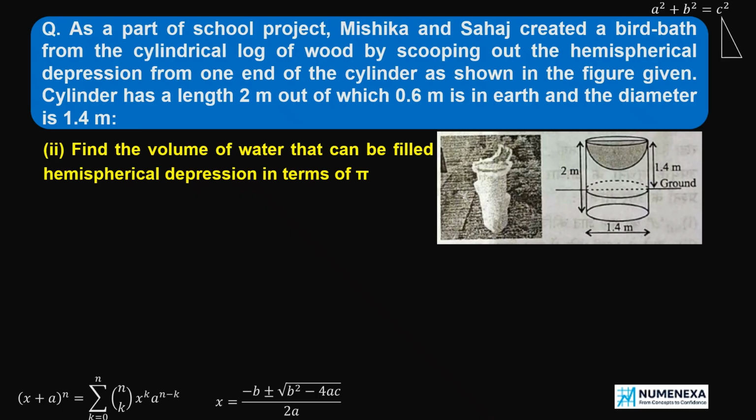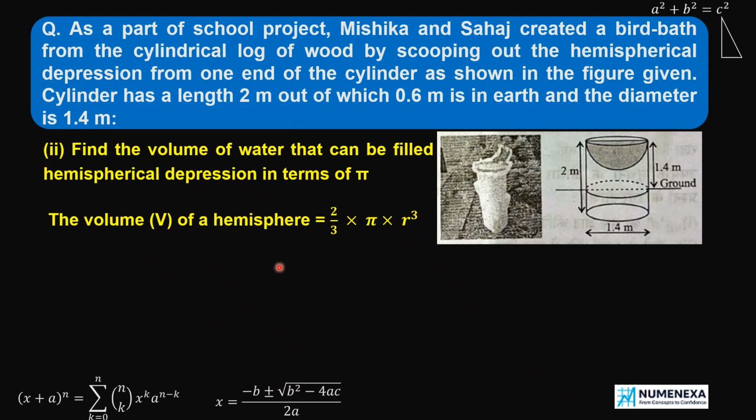So naturally, if you observe, since there is a hemisphere, the volume of water will be equal to the volume of the hemisphere. As you can see, the volume of a hemisphere, the formula is 2 by 3 pi r cube. And just now we have found the radius of this hemisphere is 0.7 meter.